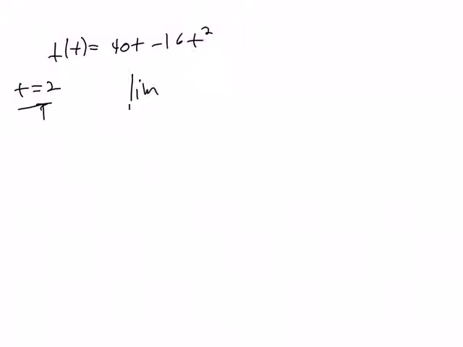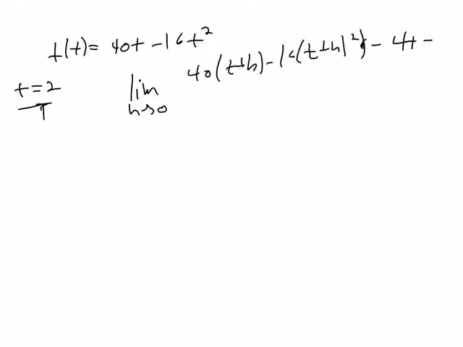This is the limit as h goes to 0 of 40 times (t plus h) minus 16 times (t plus h) squared, minus 40t plus 16t squared, all over h, right? That's how we find the slope at any t, and then we're just going to plug in t equals 2.